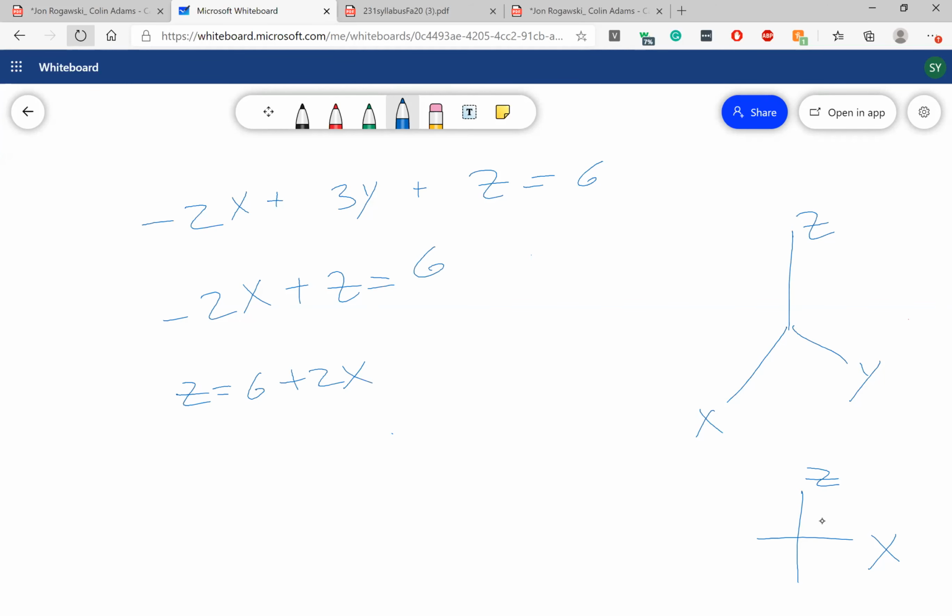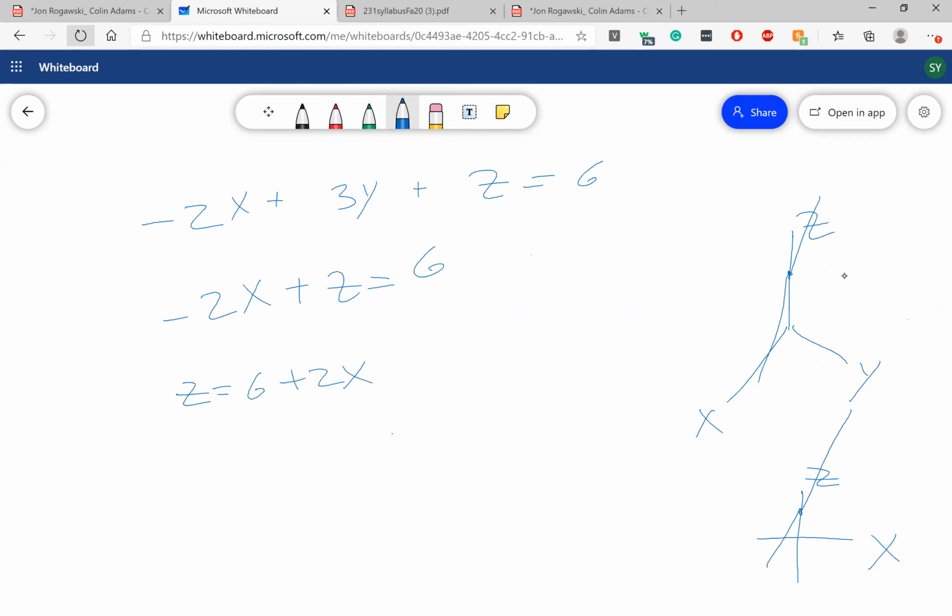So that would be a line that looks something like that. We can try to find another line and see what the plane might look like.